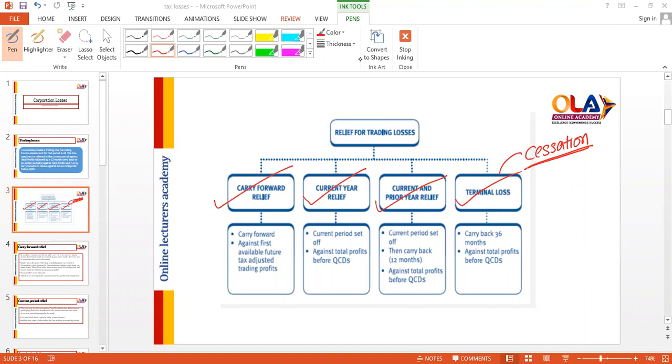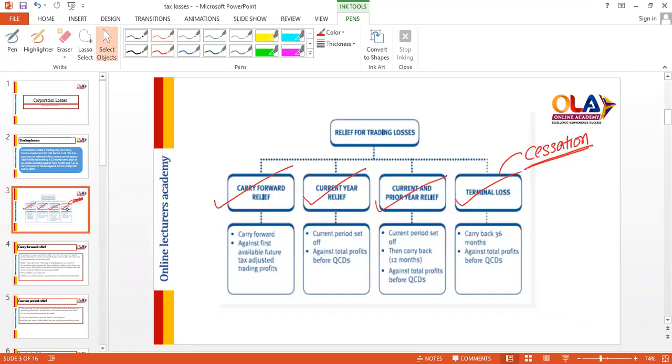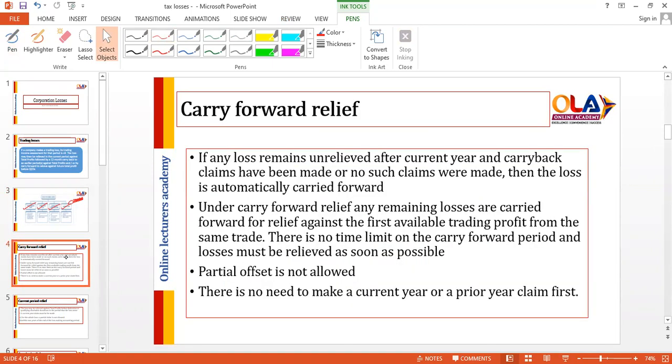So in case of the carry forward method, remember one thing, that there are differences between individual and company. In case of carry forward, you can offset against total profit before QCD, right?